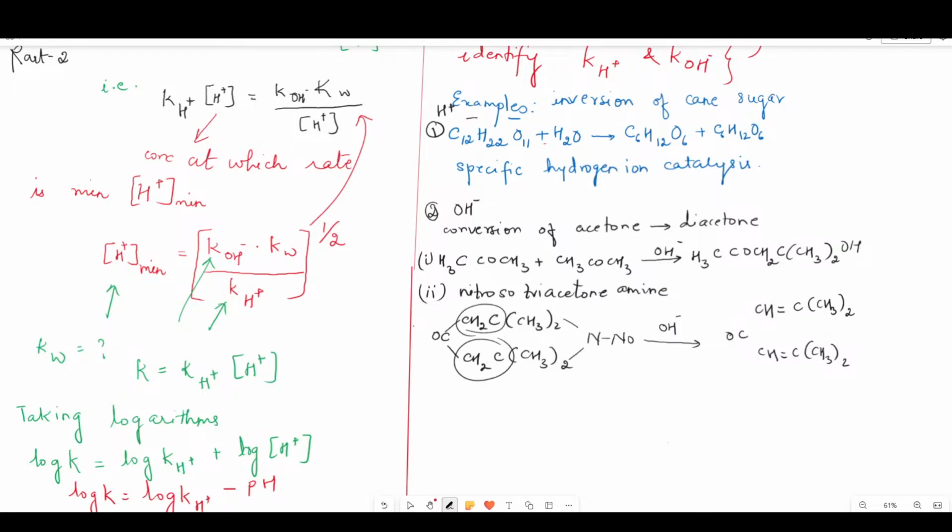There will be formation of double bonds, plus N2, and water will be released.